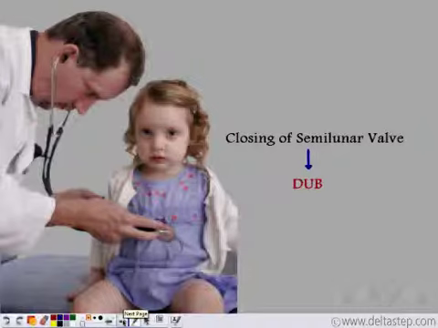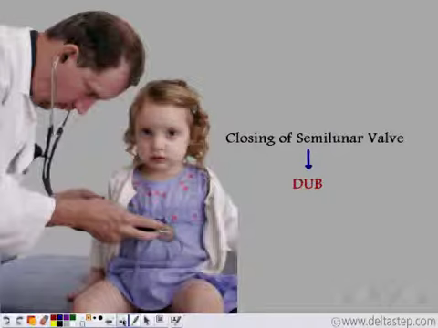Now, just at the end of ventricular systole, these semilunar valves shut to prevent the backflow of blood from the vessels back to the ventricles. And this shutting of the semilunar valves just at the end of ventricular systole causes the second heart sound, which is dub.